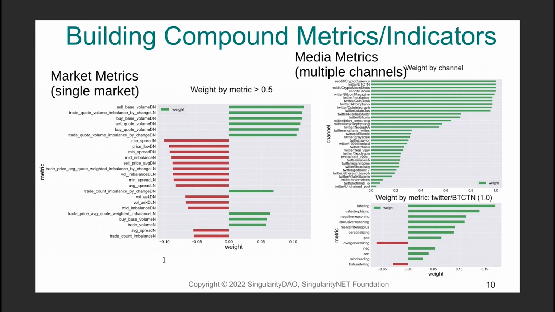So we are finding combinations of metrics that, added one to another, provide higher correlation at the -1 point, at a -1 day or hour or minute shift, against the target metric, which is price.